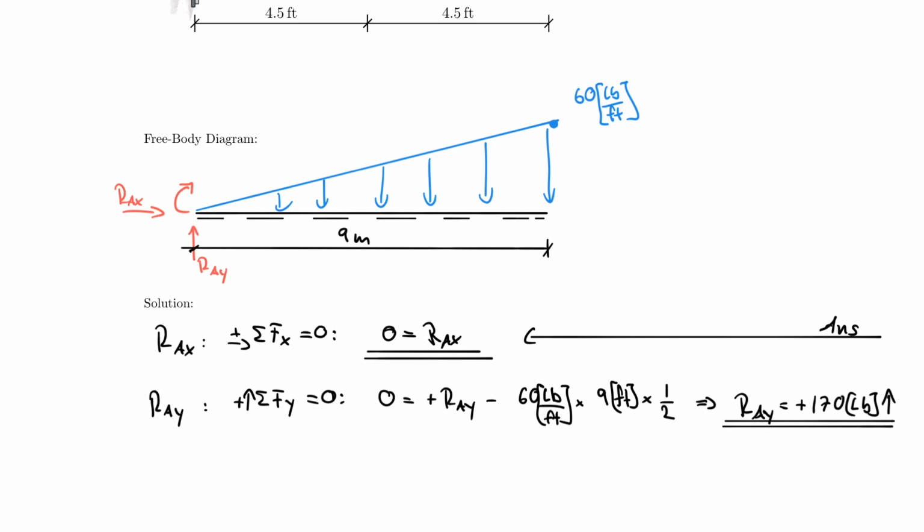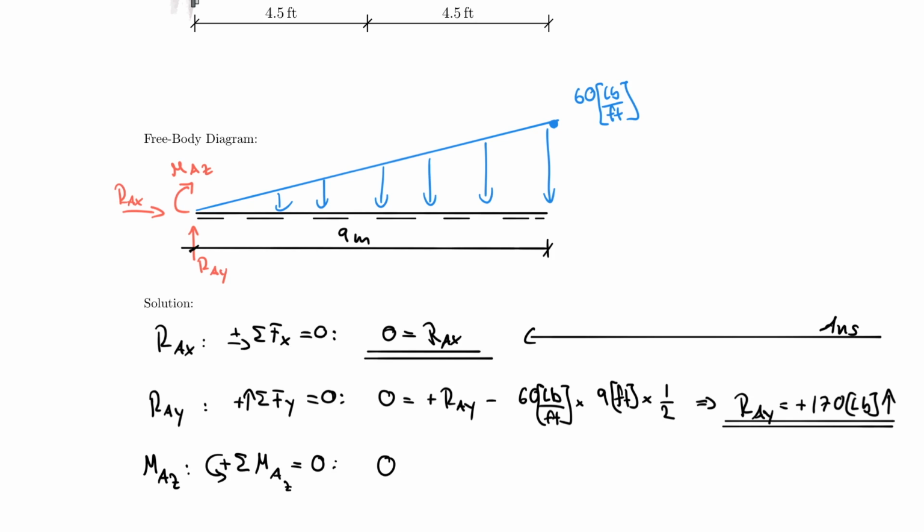Now, last but not least, we need to include our MA, and I probably should identify this here, MA about the z-axis. So I'm going to calculate that next. MA about the z-axis is really calculated by the sum of the moments about A being equal to 0. By the way, it's also about the z-axis.